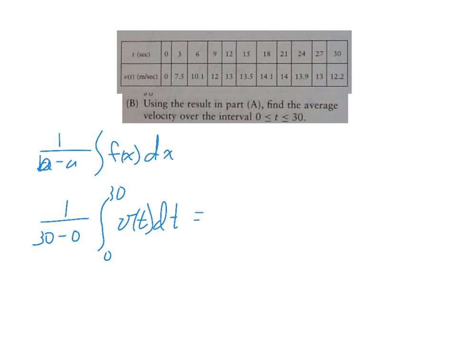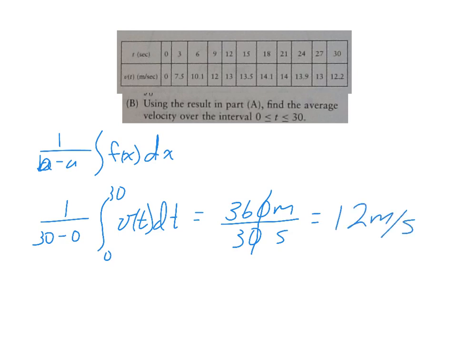So that actually works out to our 360 meters that we just found divided by our 30 seconds. In fact, I probably don't even need my calculator here. That is going to be 12 meters per second. So there's my average velocity.